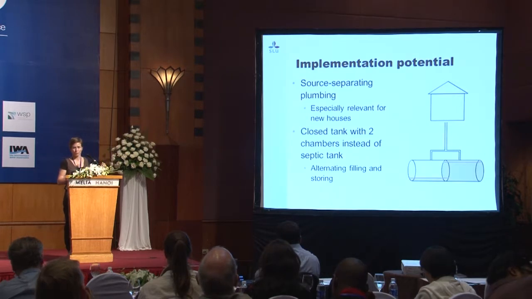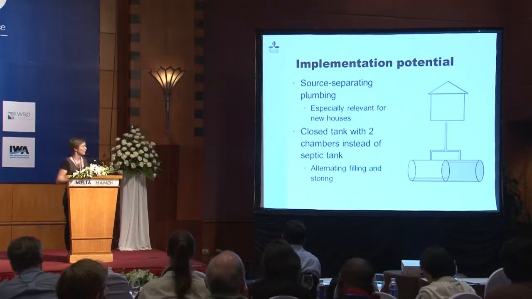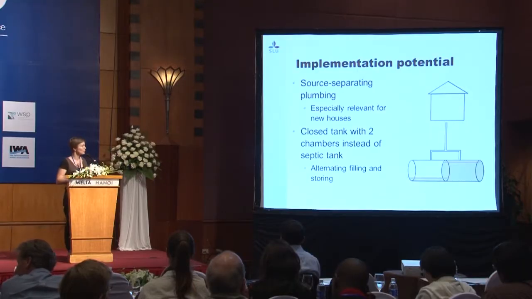Even if you don't implement this immediately, you could do separating plumbing. And instead of having a septic tank, it could be closed holding tanks with 2 chambers, so you could alternately fill one and then treat it while you fill up the other and reuse the nutrients.